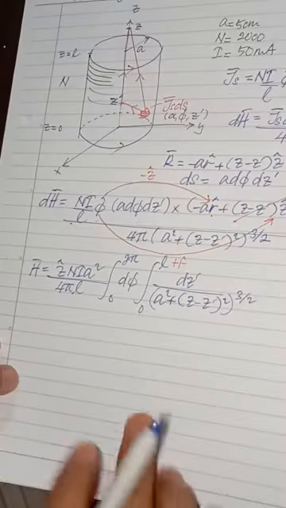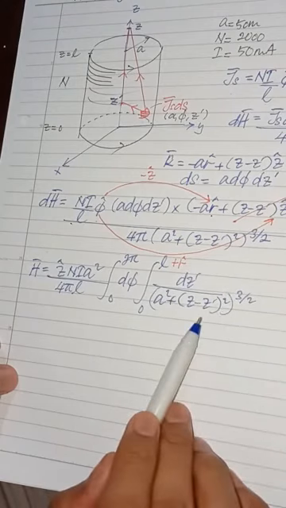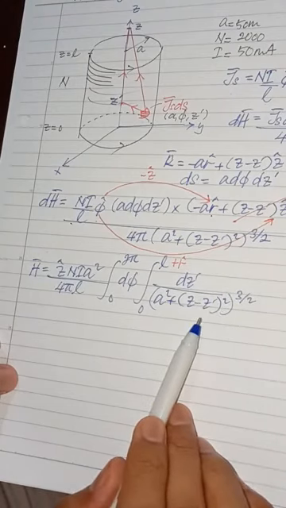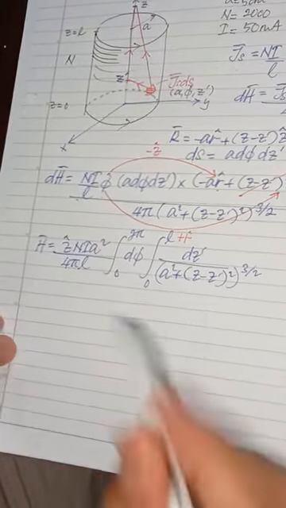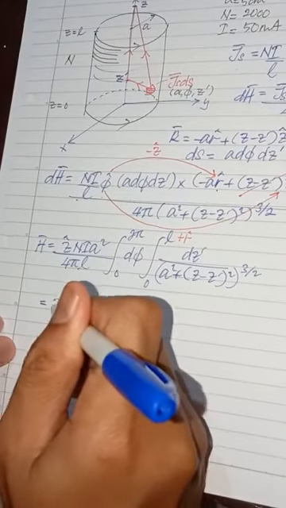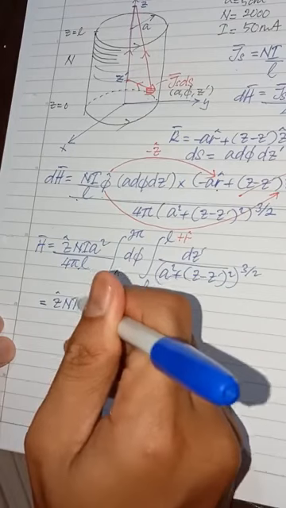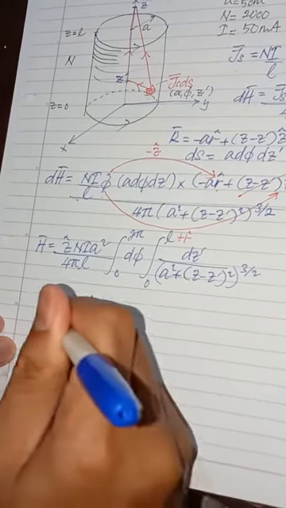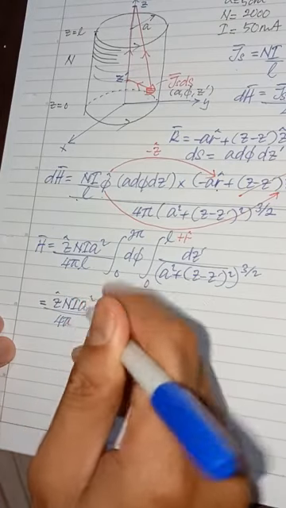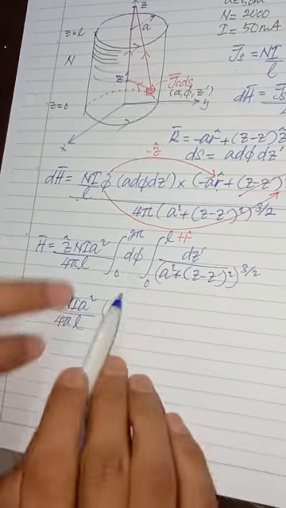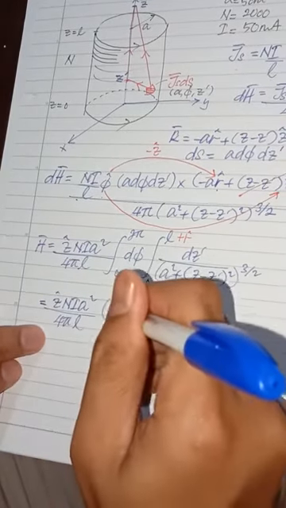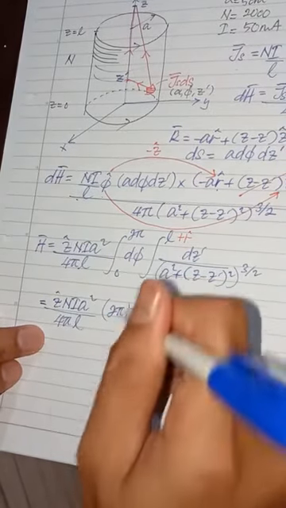So now you can solve this equation using a table or formula given in textbooks. So let's proceed together. Here we have the z component and I a squared over 4 pi L. So I'm going to have 2 pi, right?